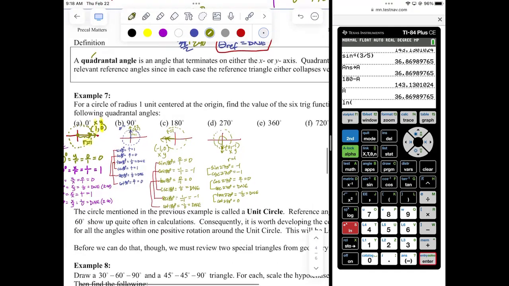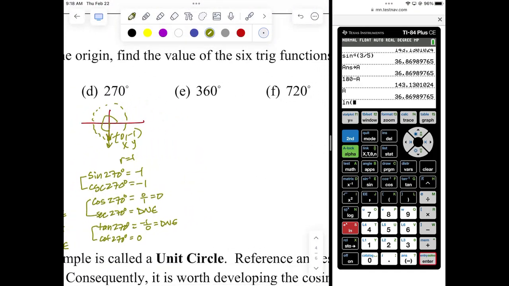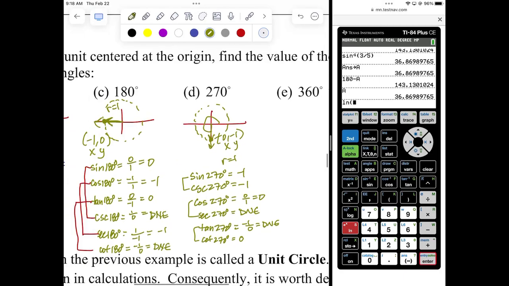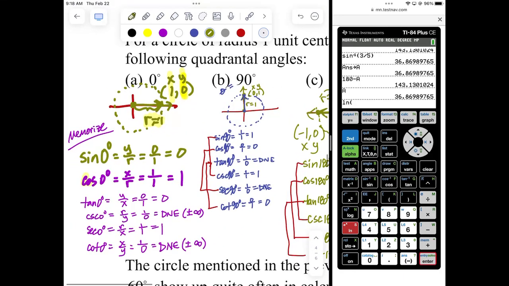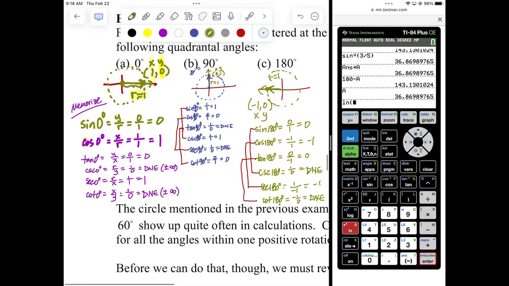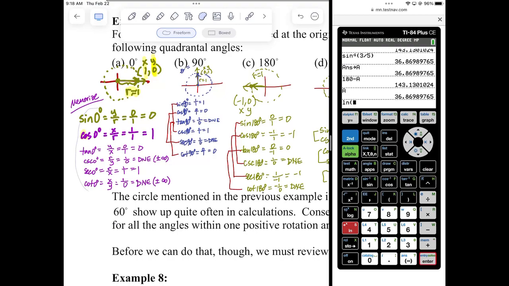Now, what about 360? 360 is coterminal with, here's the symbol for coterminal, remember? It's coterminal with 0. So if I were to draw 360 and drop a perp from the point on there, wouldn't it be the same as what I did for 0? So guess what I can do? This is nice with Notability.